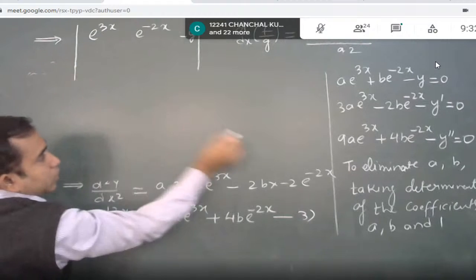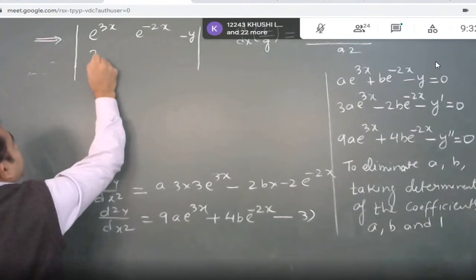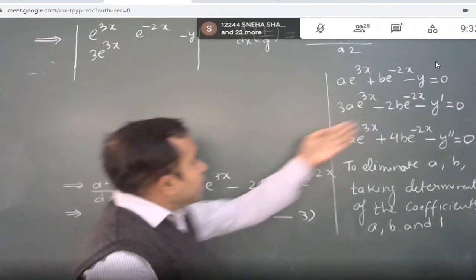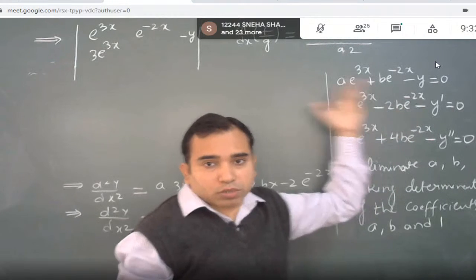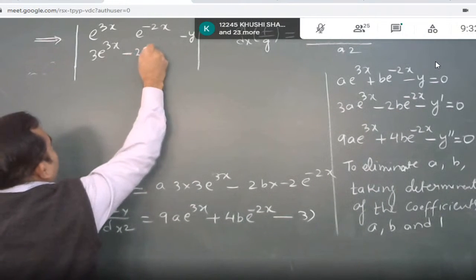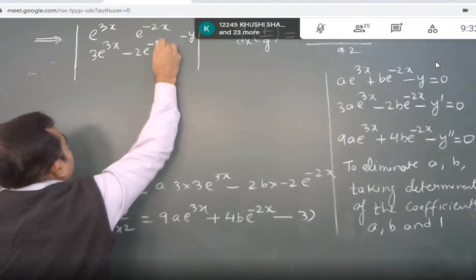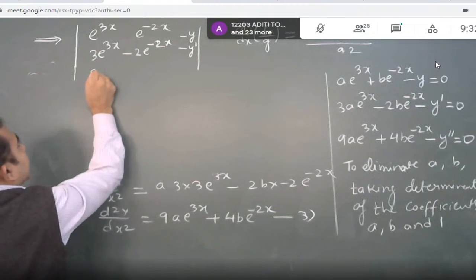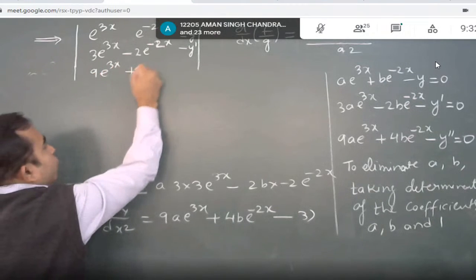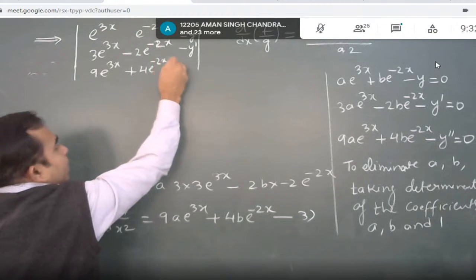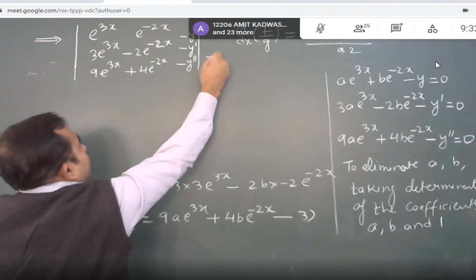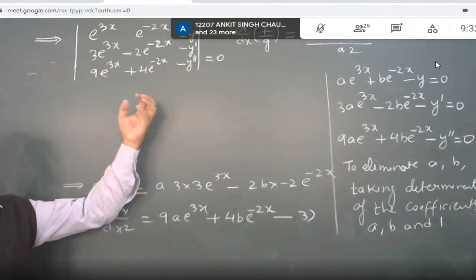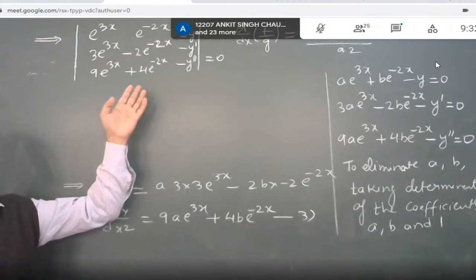And second row, in the second equation, a's multiplier is 3e to power 3x, b's multiplier is minus 2e to power minus 2x, and this is minus y dash, and the third row will become 9 e raised to power 3x, plus 4 e to power minus 2x, minus y double dash, equal to 0, right? And this doesn't contain a or b, right? That only we wanted. Now let us simplify.